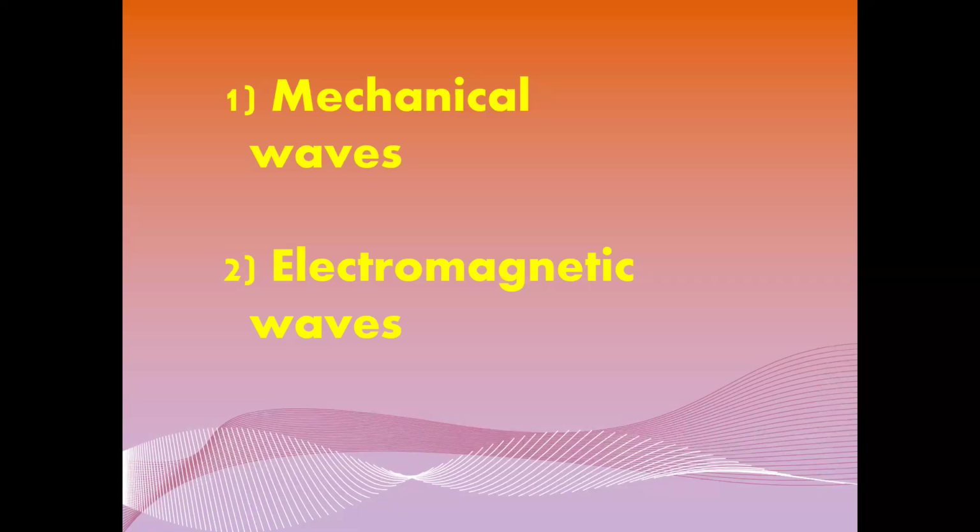What are mechanical waves? Mechanical waves are those waves which cannot travel without a medium, like water waves are mechanical. Electromagnetic waves are able to pass through vacuum, so they are called electromagnetic. So now you have to copy this.